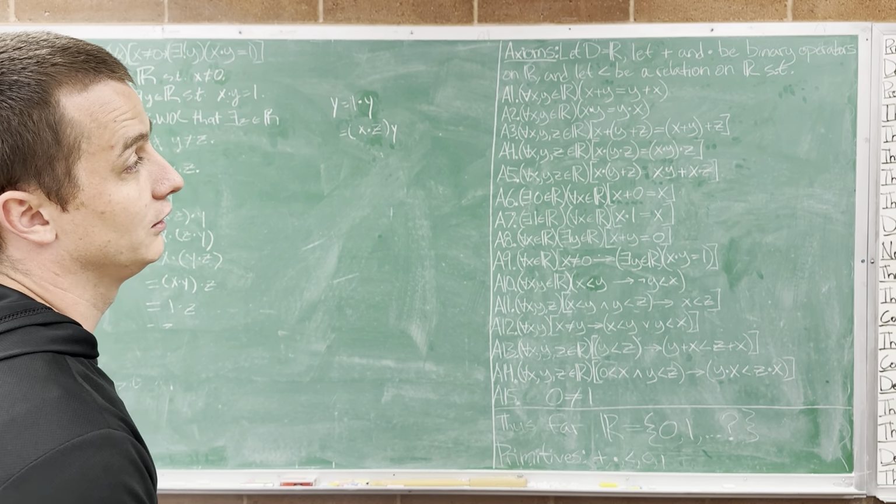The definition the author gives is x divided by y is equal to z is logically equivalent to x is equal to y times z. And notice that this is almost identical to how we define subtraction. Did I write the author's version of subtraction here? Yes, I did.